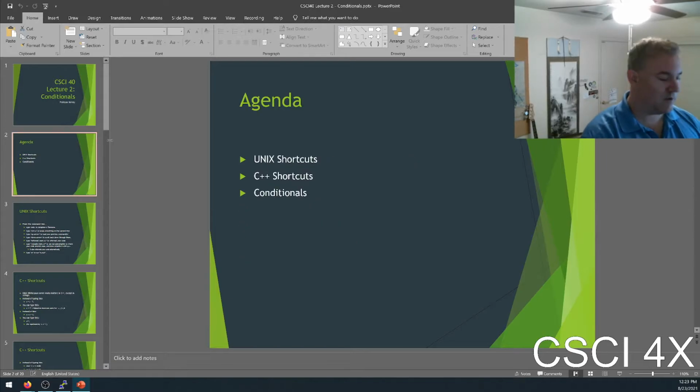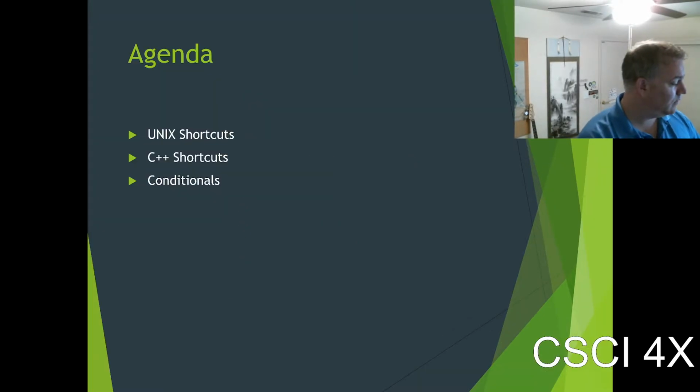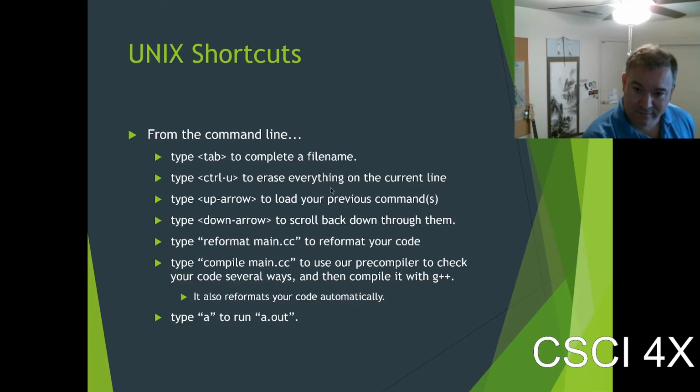All right, so let's talk about Unix shortcuts. Because like I said, the more Unix you know, the more stuff you know in general, it just helps in life. We've talked about using tab to complete a file name.